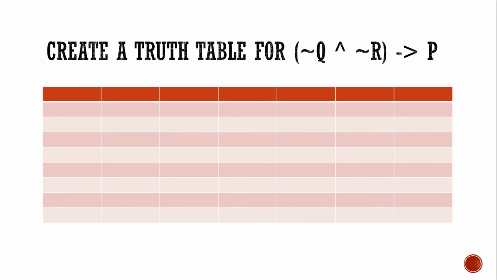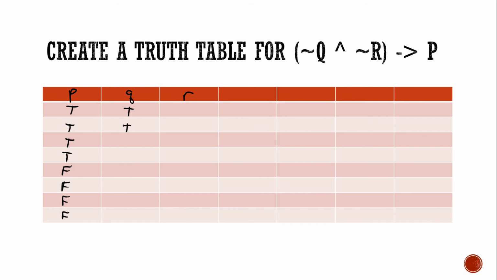Okay, we're going to do one more of these with the three simple statements. So again, I'm going to set it up the same exact way. I'm going to do a P column, a Q column, and an R column. In the P column, I'm going to do 4 true values and 4 false. Then I'm going to move to 2 and 2.